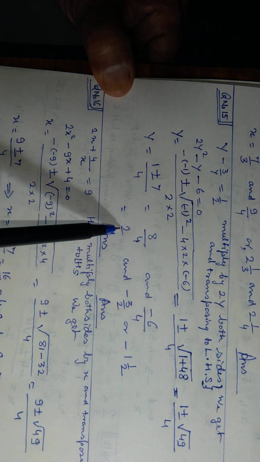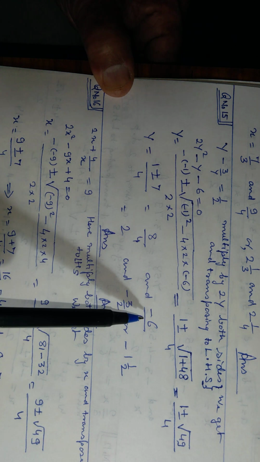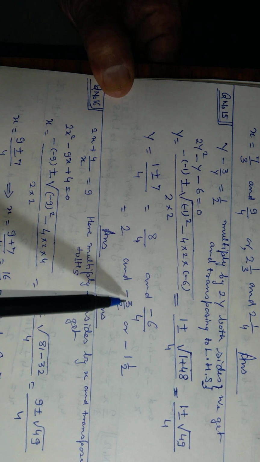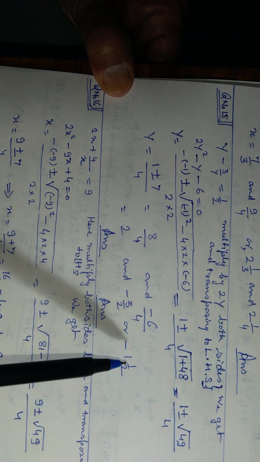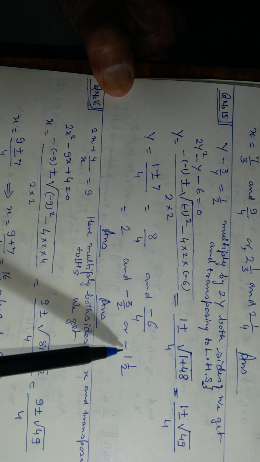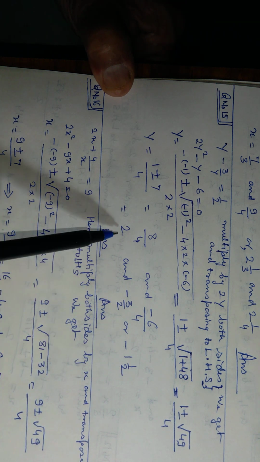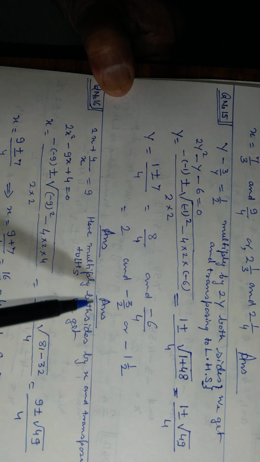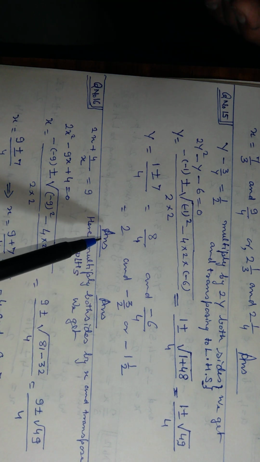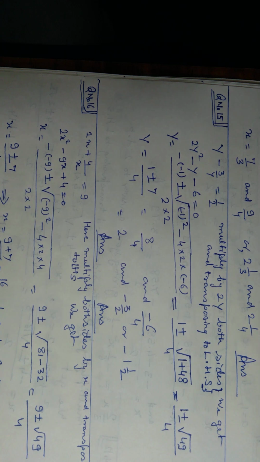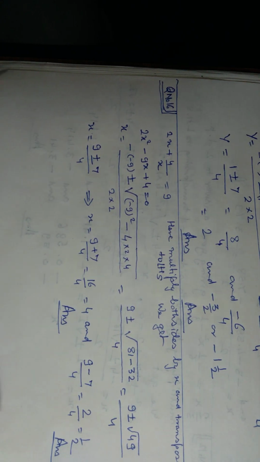So the 8 by 4 will be solved to 2, and minus 6 by 4 will be minus 3 by 2, which can be further written like this: minus 1 and 1 by 2. So these will be the two answers, 2 and minus 1 and 1 by 2. These are the two answers of the question number 15. Question number 16.